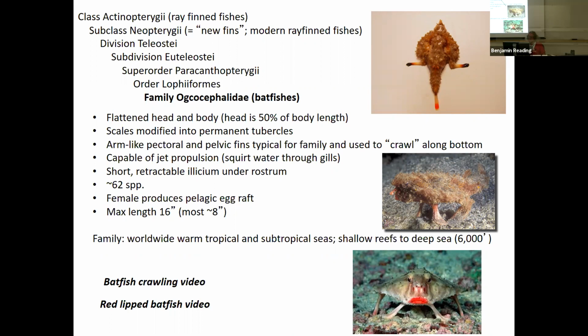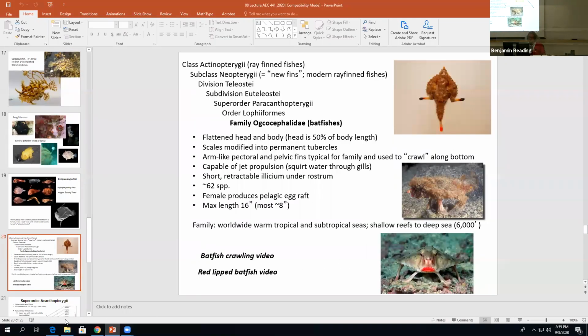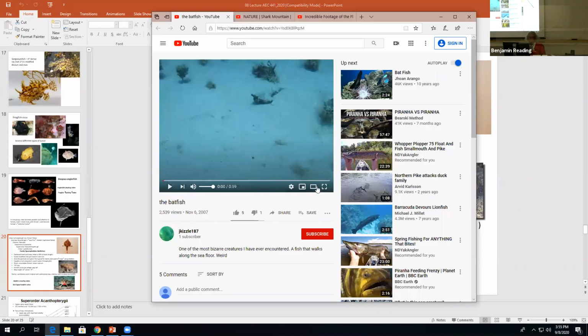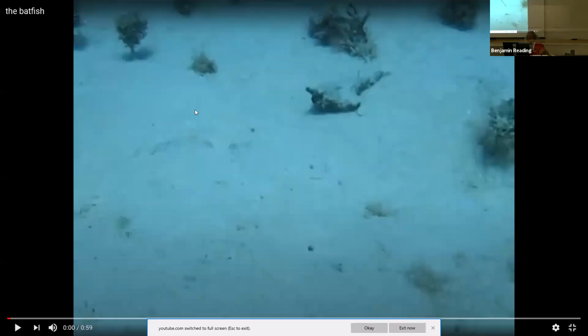Ogcocephalidae, the batfishes. So here is a batfish, and note these fins that are modified into legs. These things actually will walk around almost like flippers.